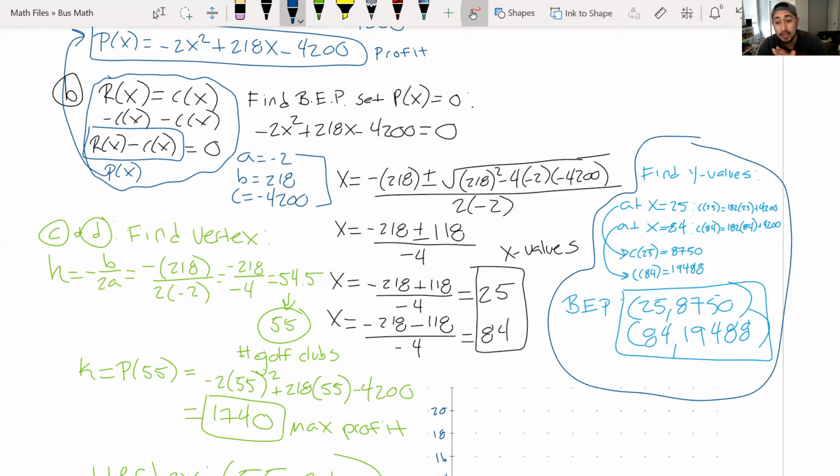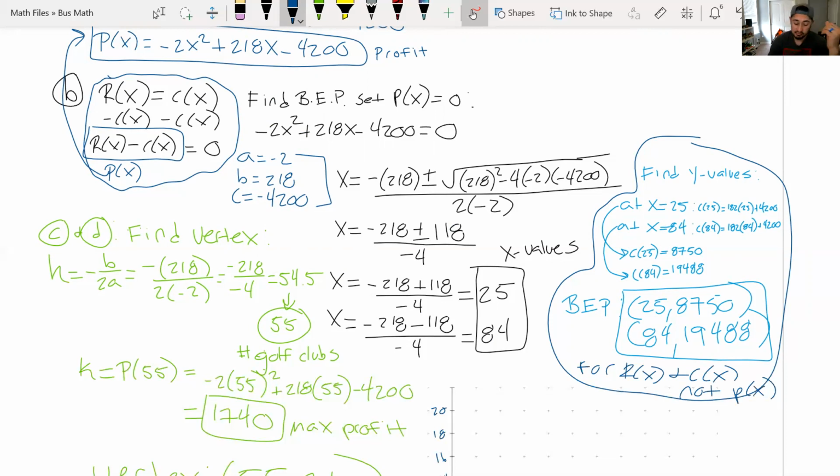So we would only use these points to graph revenue and cost, not profit. Okay? So hopefully that clears up some confusion. So these are for revenue and cost only, not profit.